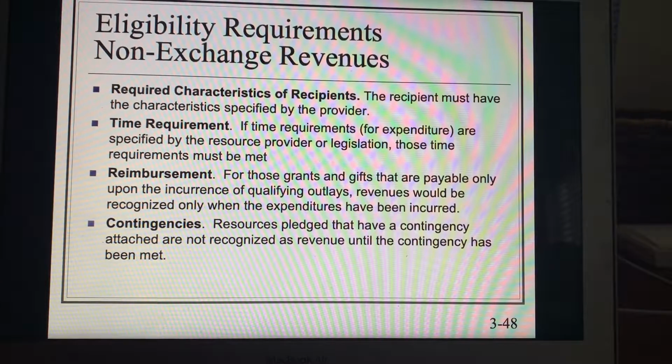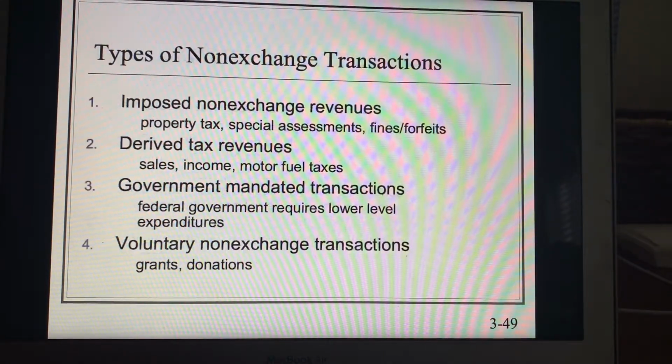Reimbursement. For those grants and gifts that are payable only upon the incurrence of qualifying outlays, revenues would be recognized only when the expenditures have been incurred. Contingencies. Resources pledged that have a contingency attached are not recognized as revenue until the contingency has been met. So those are the eligibility requirements.